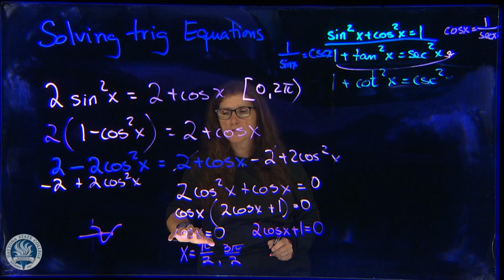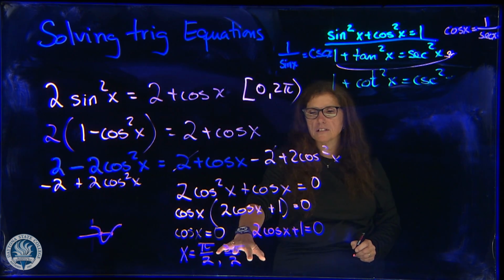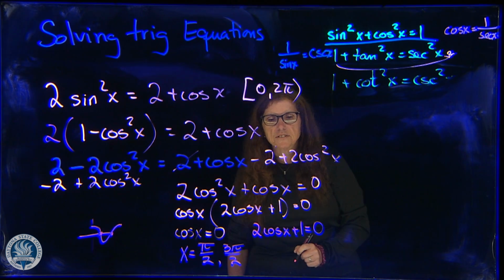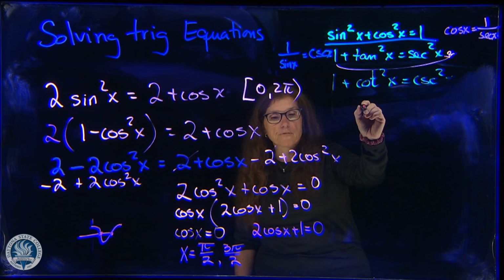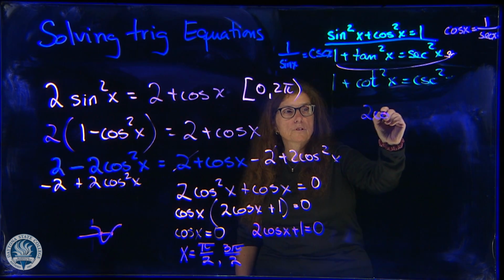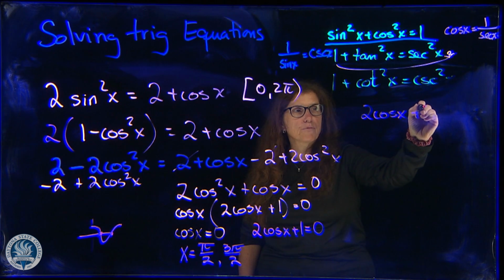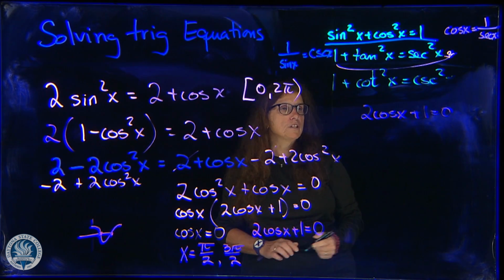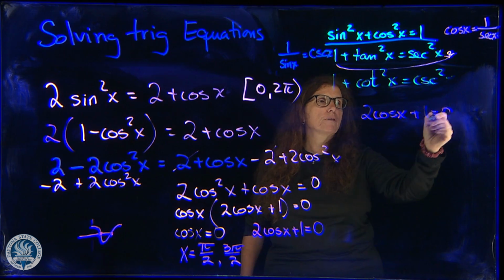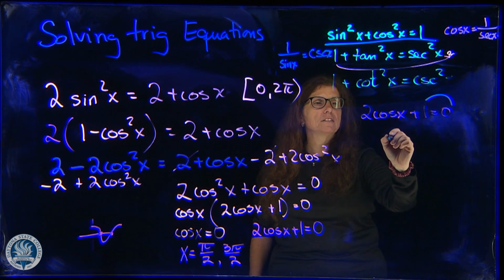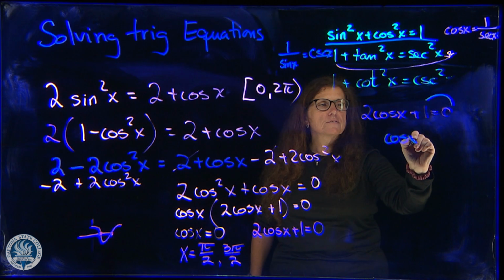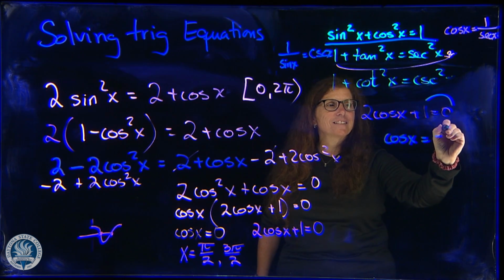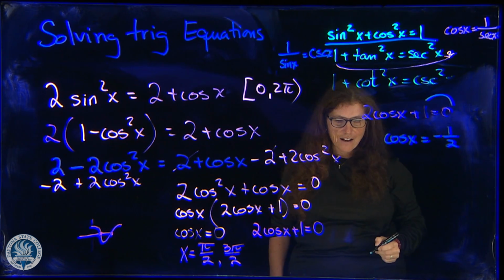So you solve cosine of x equals 0, you find the angles. Now let's look at the second factor. Let me write it down here. We have 2 cosine x plus 1 equals 0. So the next step would be to isolate the cosine by subtracting the 1 and dividing by 2. So the cosine of x in this case is negative 1/2.